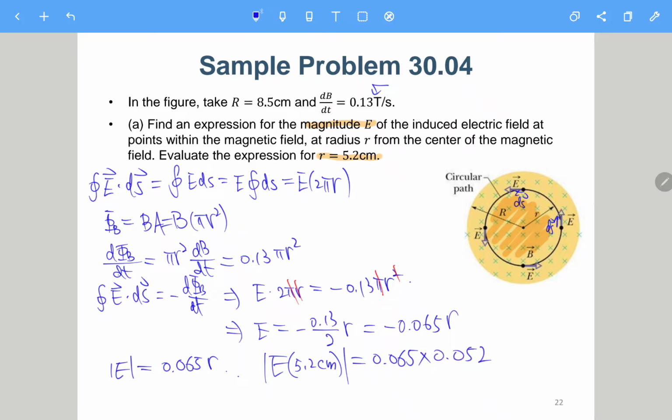So this is nothing but 3.4 millivolts per meter. Okay, which is quite a small E field. And be careful that this m is not the same as this m. This is milli, this is meter, so they cannot be cancelled.